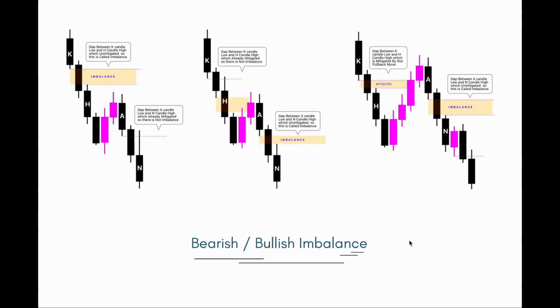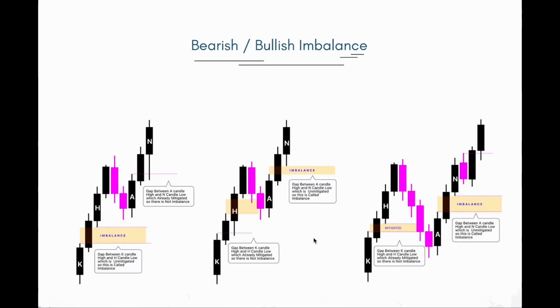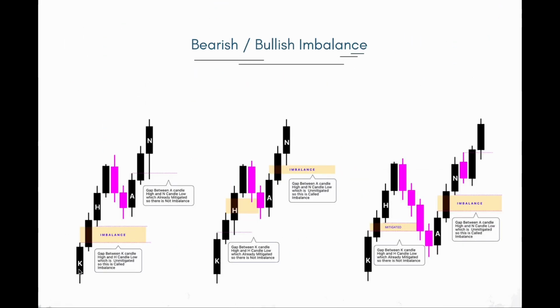Now look at the bullish imbalance. In this bullish imbalance, yes, there is an imbalance between K and H candles, which is unmitigated. And for the A and the N candles here, that is mitigated, so there is no gap, no imbalance.